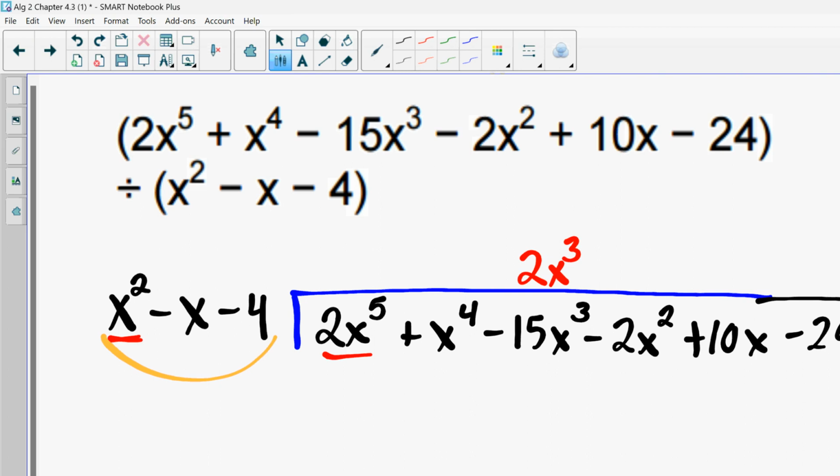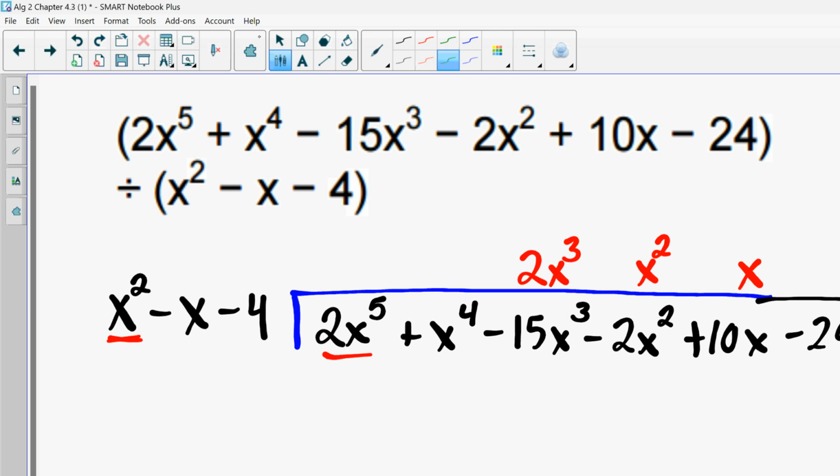Well, I have 3, and if I go over 3, the third term is our x cubed, which means our starting variable should be x cubed. But that also tells us that the next variable when we multiply after x cubed should be x squared. The one after that should have an x, and the one after that should be a constant term. It kind of gives us a pattern to follow.